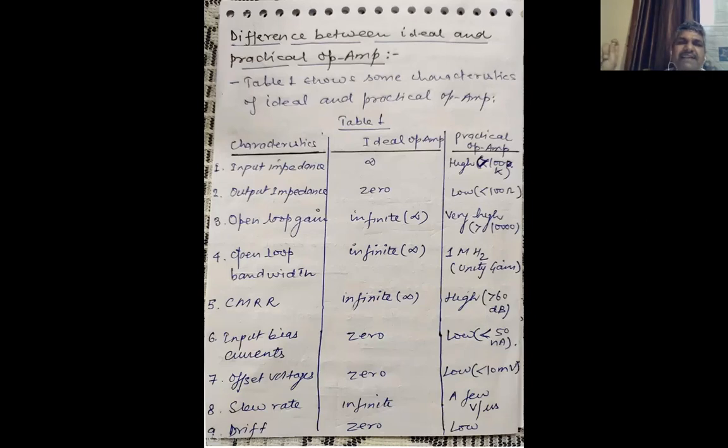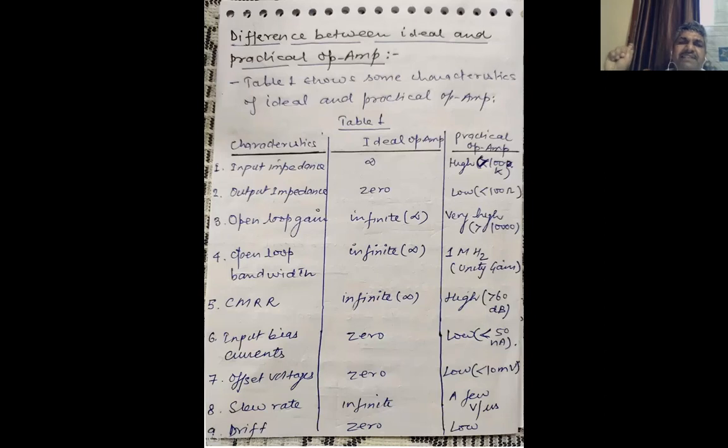The second characteristic is output impedance, which is 0 for an ideal op-amp, but for a practical op-amp it has a certain value, always less than 100 ohms. In the case of the µA741 it is 70 ohms.